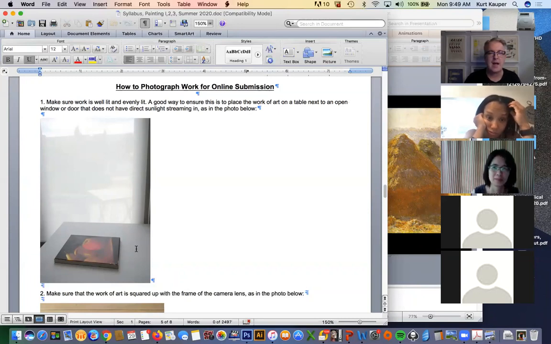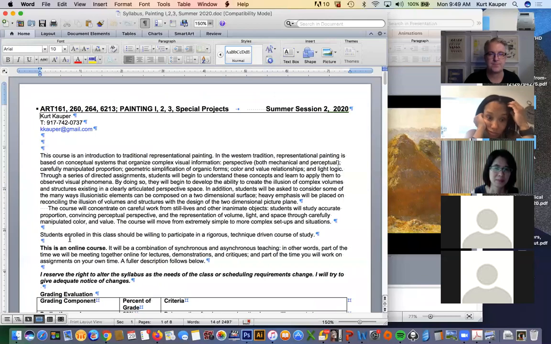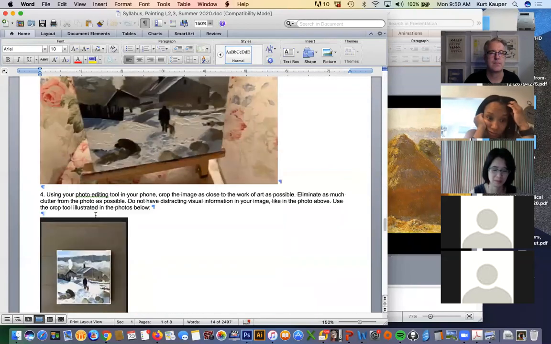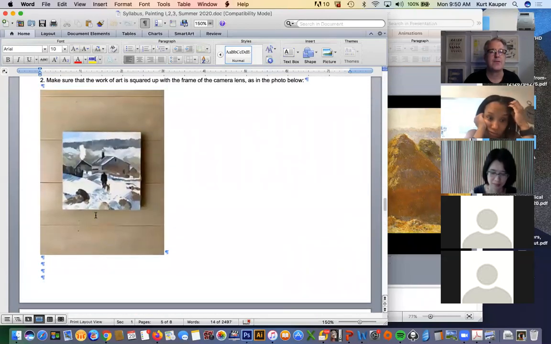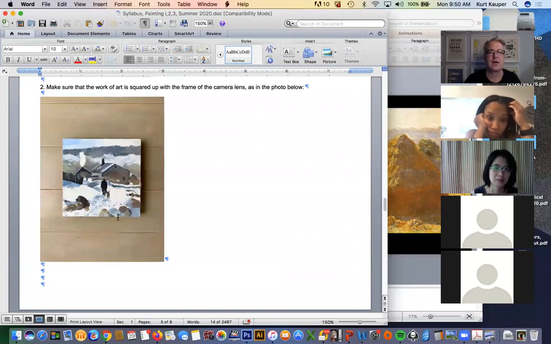Okay. And then take the photograph so that the painting is square to the camera lens. In other words, so that there's no distortion, so that the painting is square to the frame of the camera. Does that make sense?